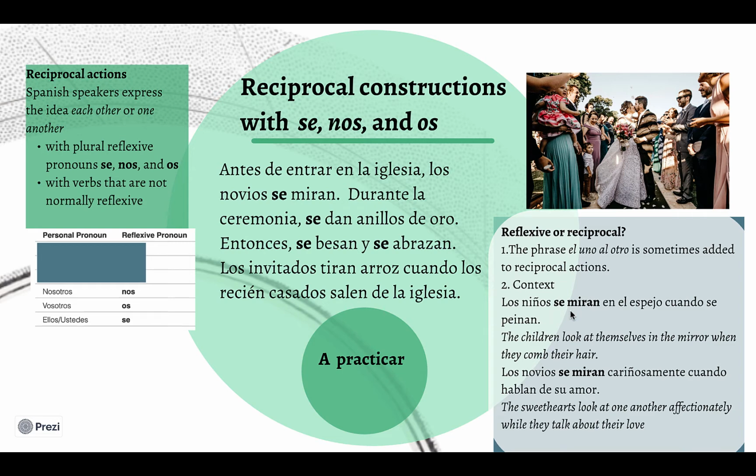Los niños se miran en el espejo cuando se peinan. So here the children look at themselves in the mirror when they comb their hair. And so this one is a reflexive action. Los novios se miran, so you have se miran here, the same reflexive pronoun, the same verb.